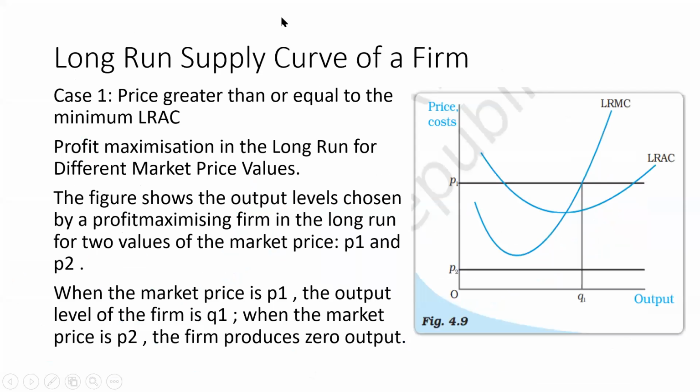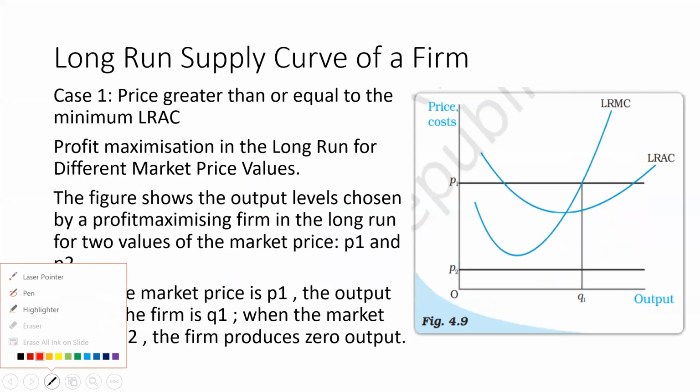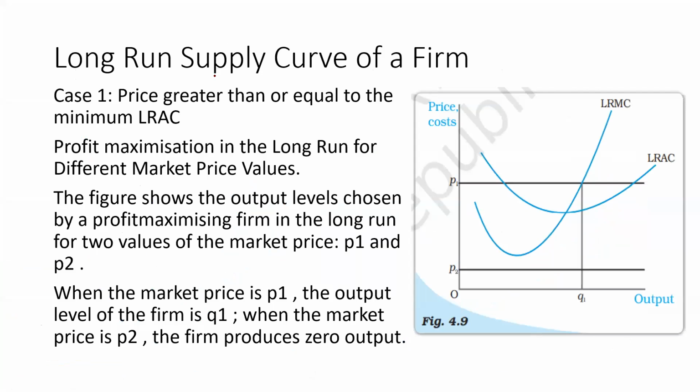Now we are going to study the long run supply curve. In the long run, all the factors are variable factors. The same graph which we used for the short run is going to be represented over here, but there are changes in the elements.